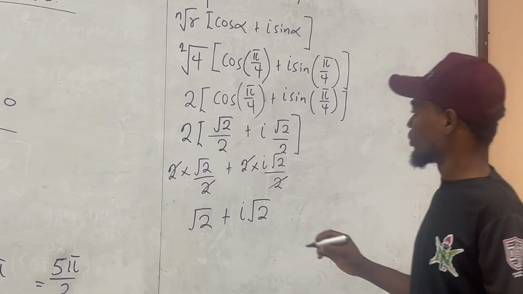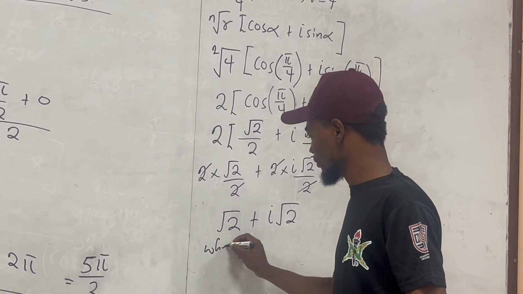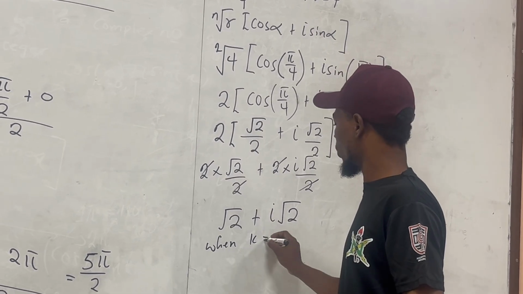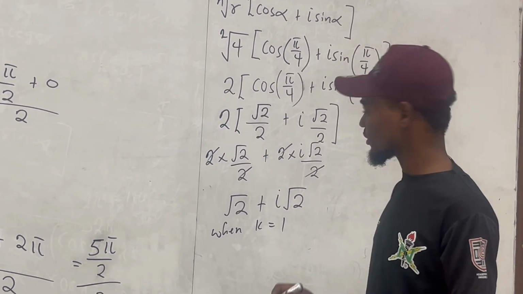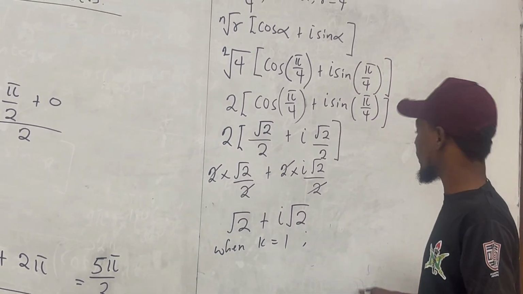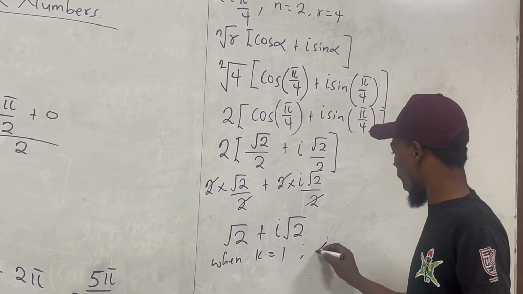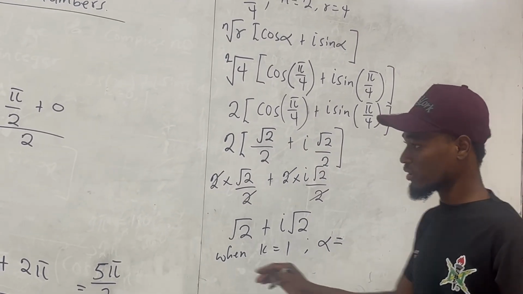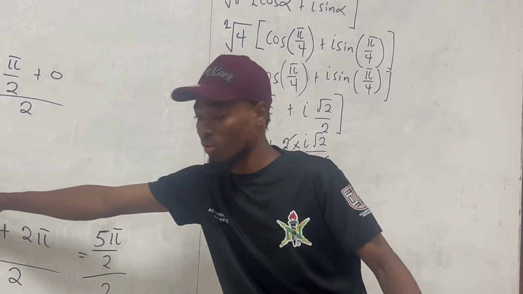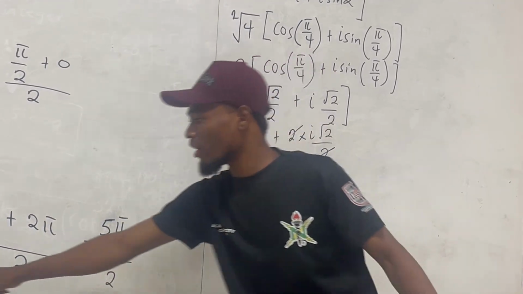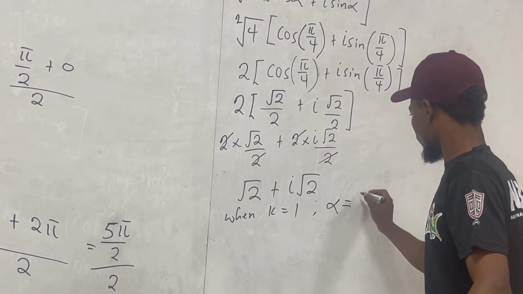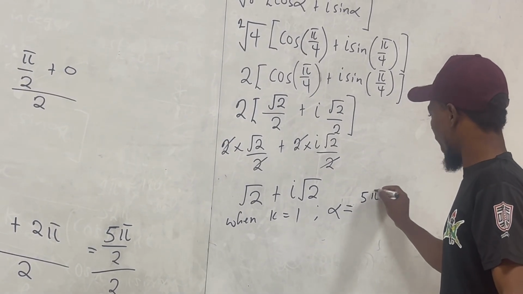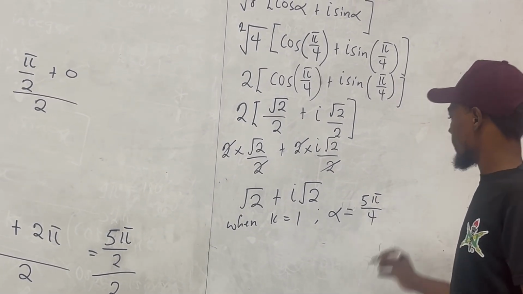So when k is equal to 1, what happens? Remember we said our alpha was this. When k is equal to 1, the value for alpha is 5 pi on 4.